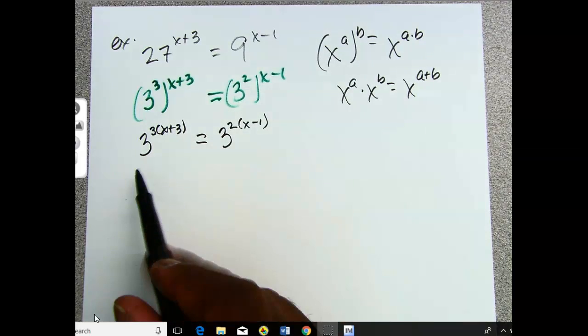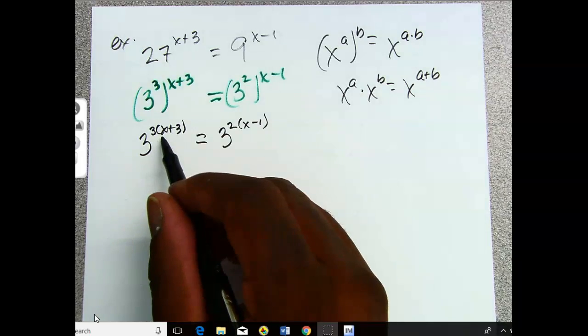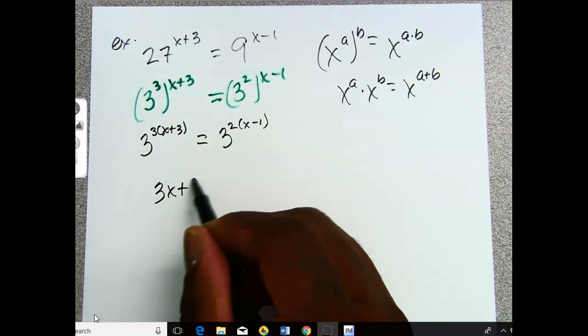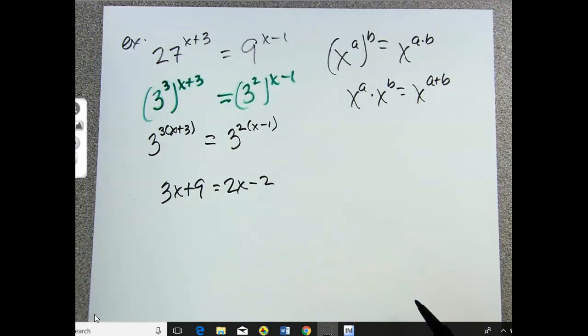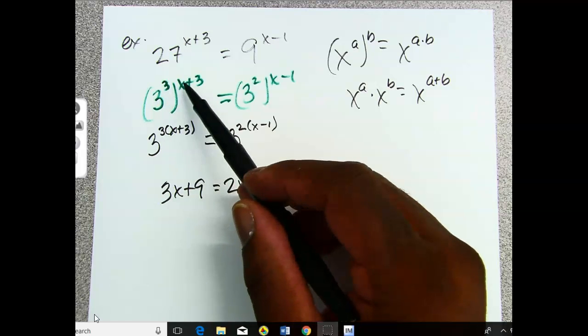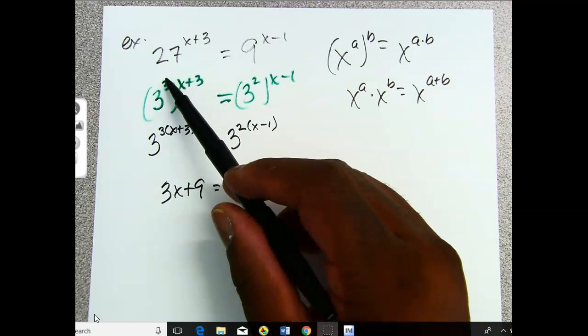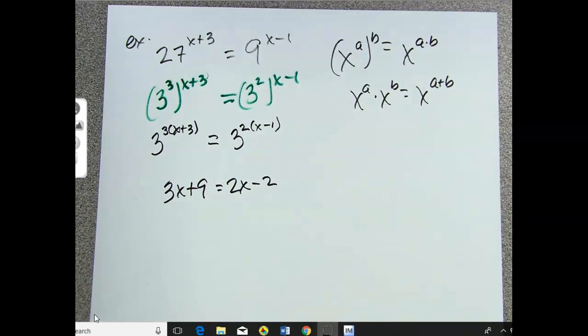So here, because your bases are the same, we can set the exponents equal. So you're going to get 3x plus 9 equals 2x minus 2. So again, 3 to the third raised to the x plus 3 would be 3 to the 3x plus 9. That 3 has to be distributed there.